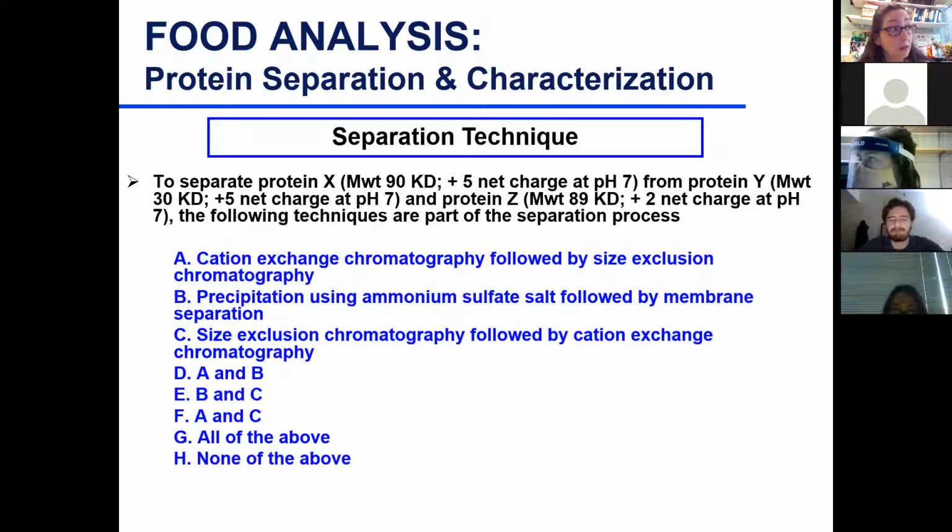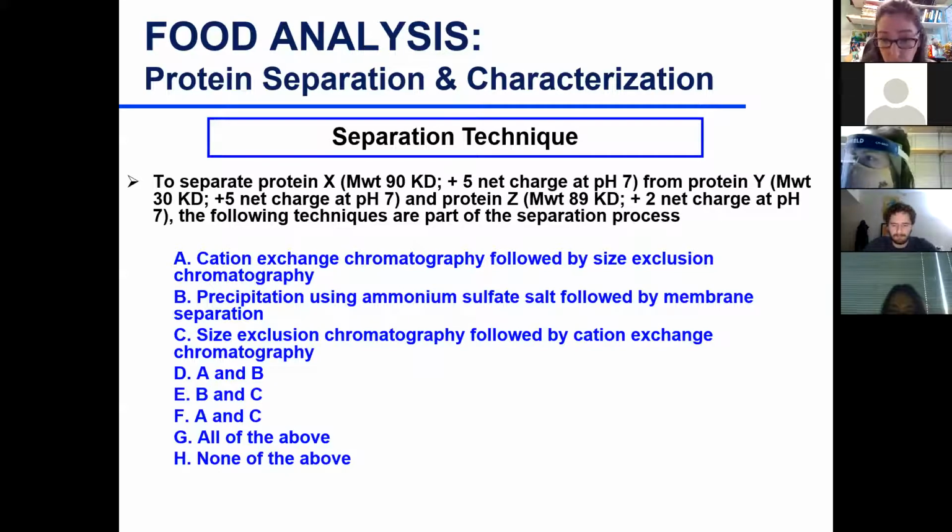Then I'll have X and Y together, potentially coeluting because they have similar net charge. So I can follow with size exclusion. They're very widely separated in molecular weight and I can separate them. So A is correct. Now let's look at B.